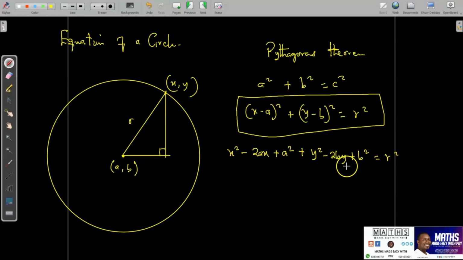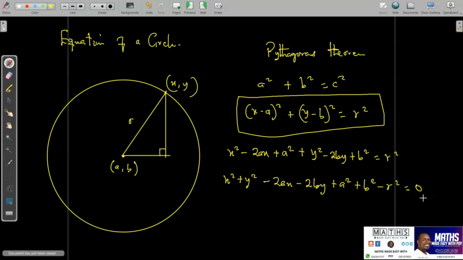So now, when you rearrange the information, you can equally have it as x squared plus y squared minus 2ax minus 2by plus a squared plus b squared minus r squared equal to 0.